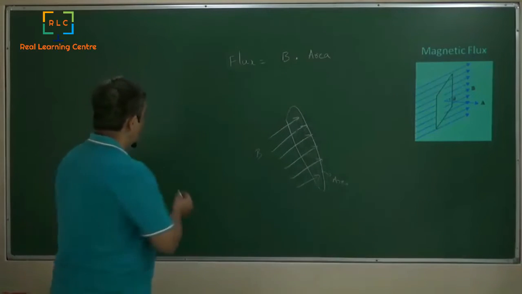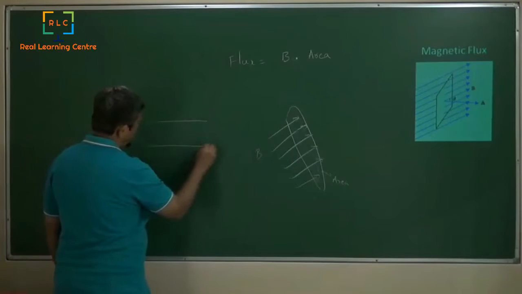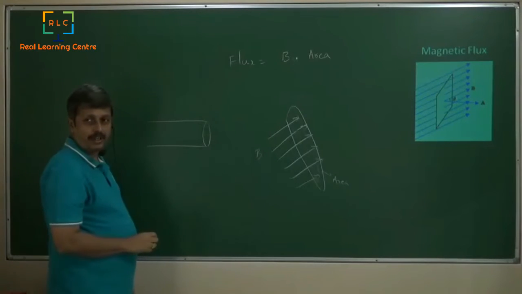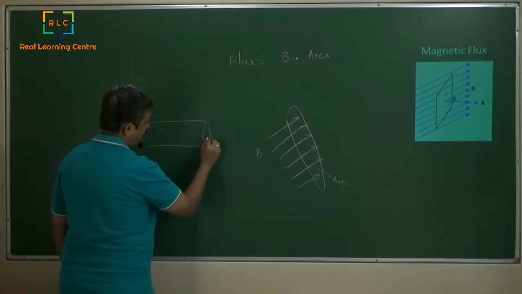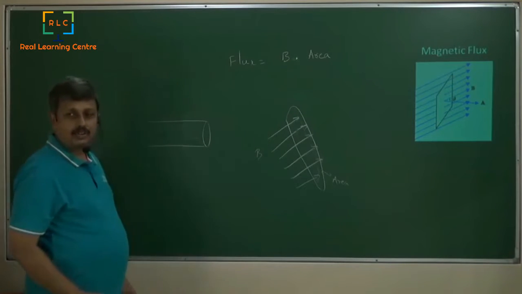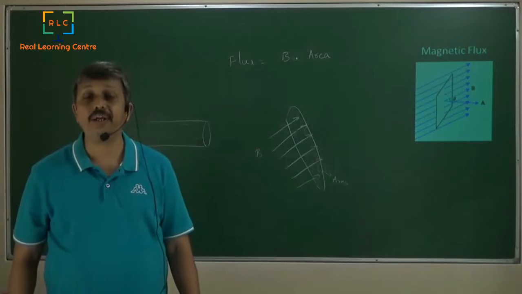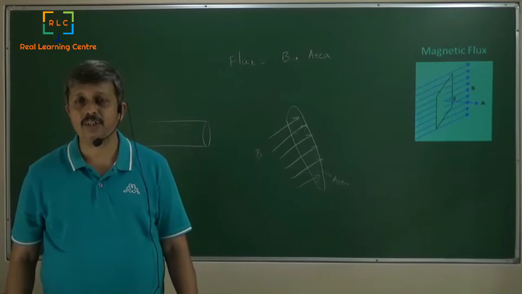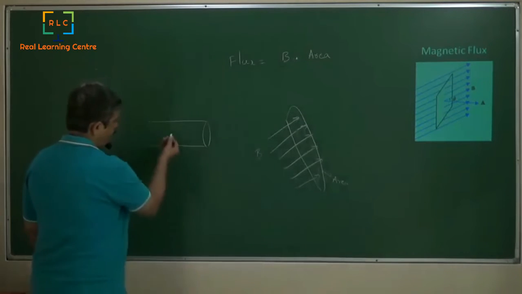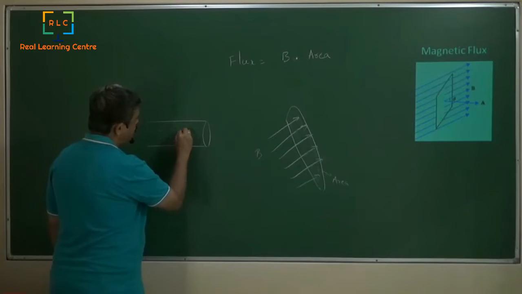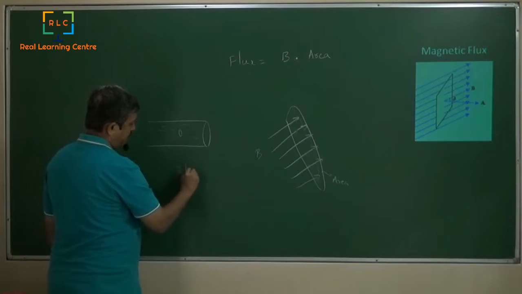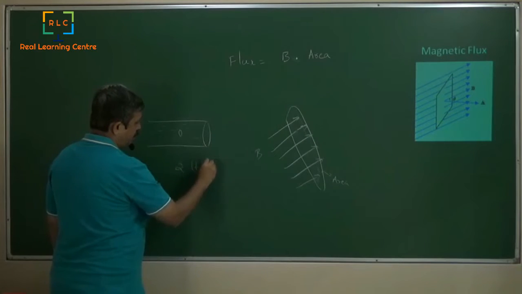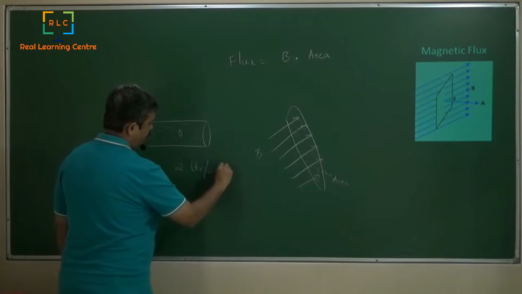Let's say there is a pipe, and you know the water that is coming out of that. You can say that water is flowing in this whole area as, let us say, 2 liters of water per unit area.